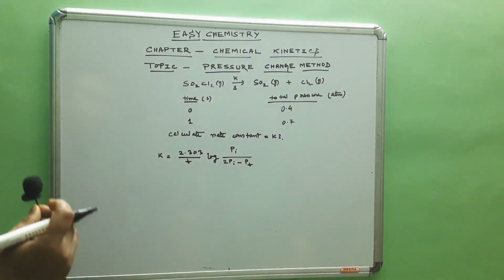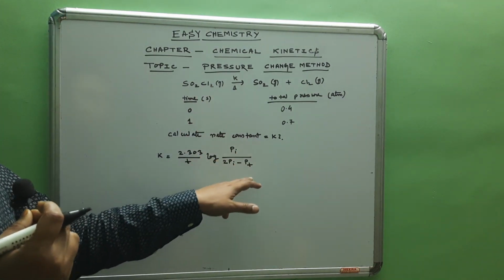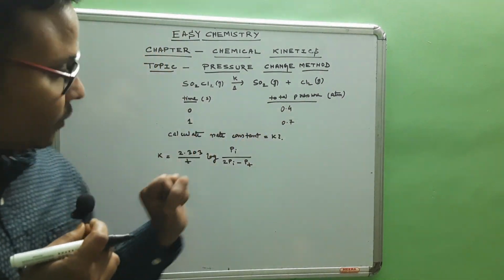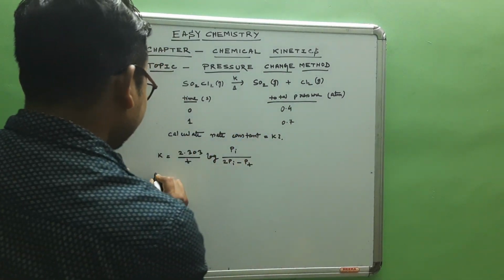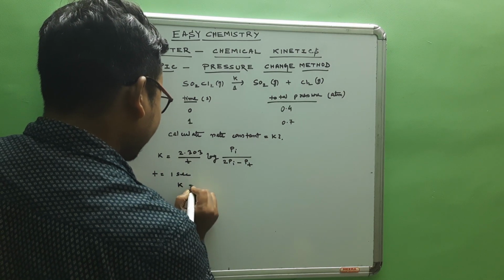What is Pi? Pi is the initial pressure at time t equals 0, and Pt is the total pressure of the whole system at time t. So here t equals 1 second. So what will be the value of K?